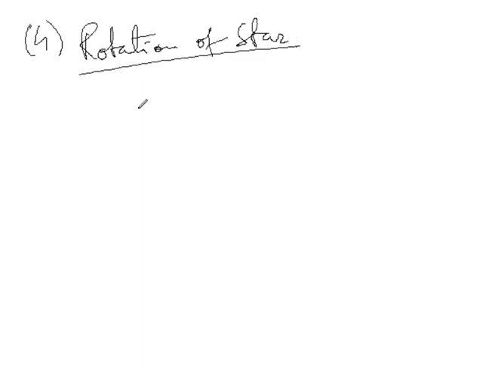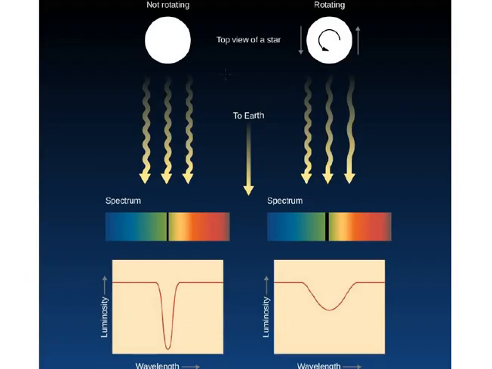Well, let me show you through a picture here, as you can see on the screen. Now there are two stars. We are seeing a top view of each of them. Now suppose this star is rotating.